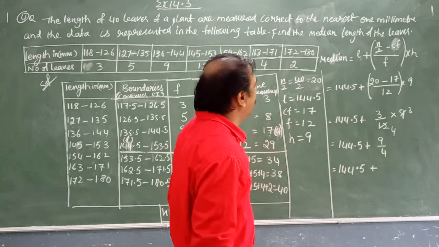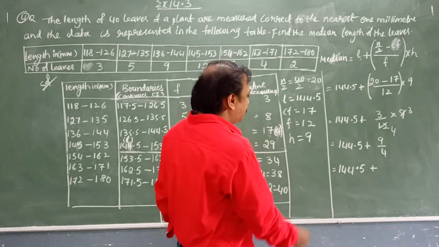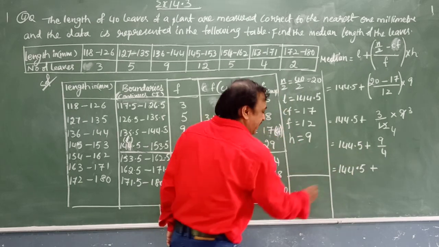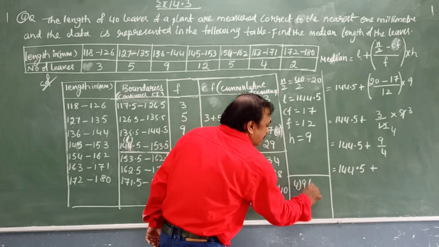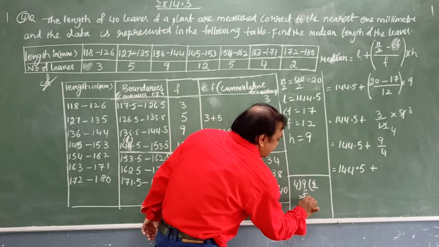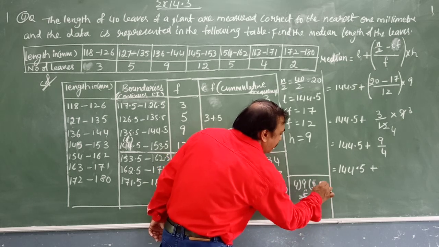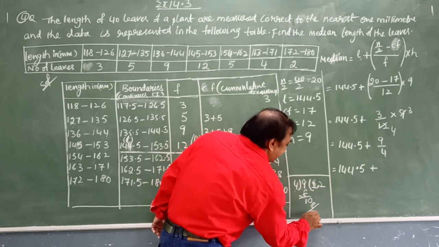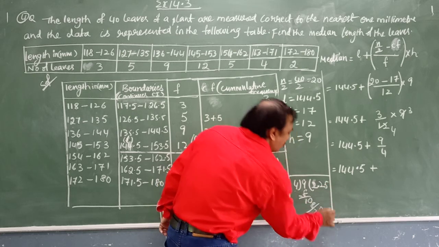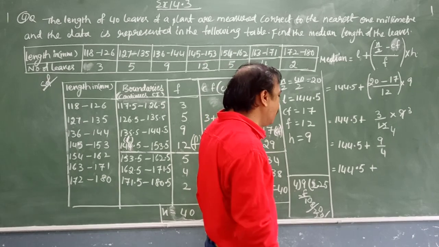If you convert into decimal, here I am doing the rough work: 9 by 4 converted into decimal. 4 2s are 8, minus 1 leaves 1, 4 2s are 8, again 2 0, 4 5s are 20. So that is 2.25.